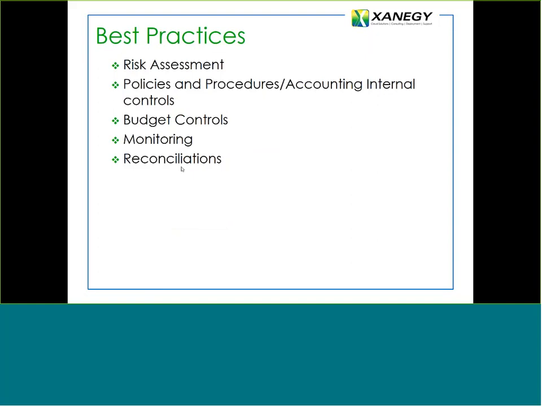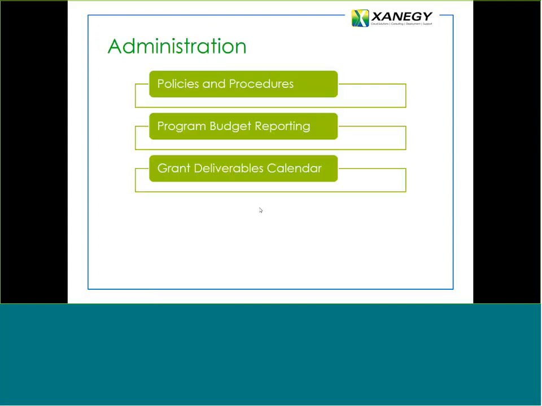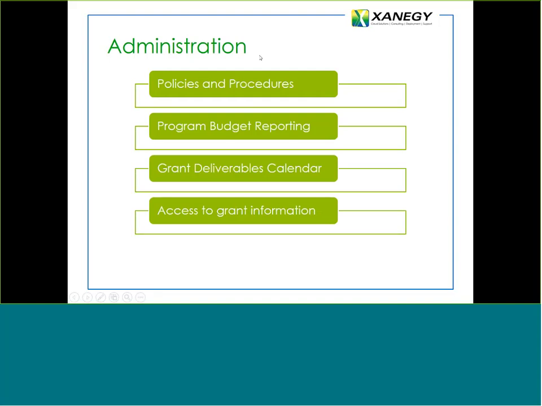Budget controls, very important when you have a grant, is knowing where you're at with that budget at all times. Monitoring, and then talking about reconciliations and why those are important. Some of these are in that first phase of the grant cycle where we're seeking our grant, and some of those are during our performance of that grant and on the reporting and accounting of those grants. So they go across the whole life cycle of a grant in the case of these best practices.